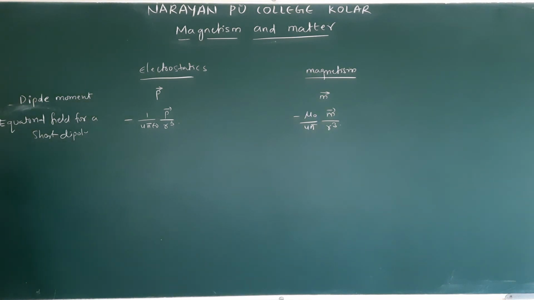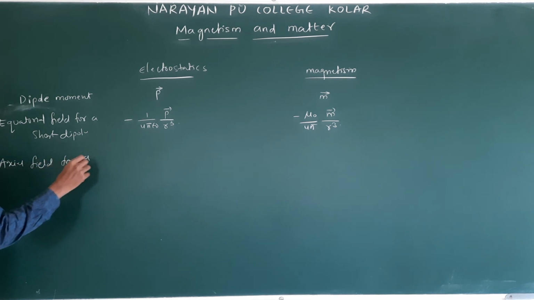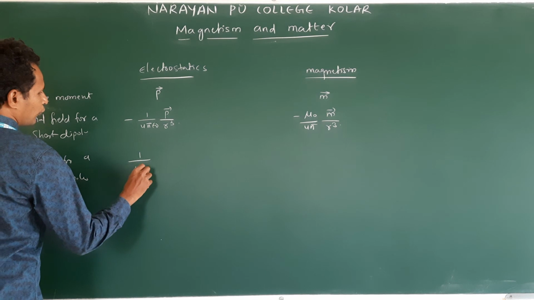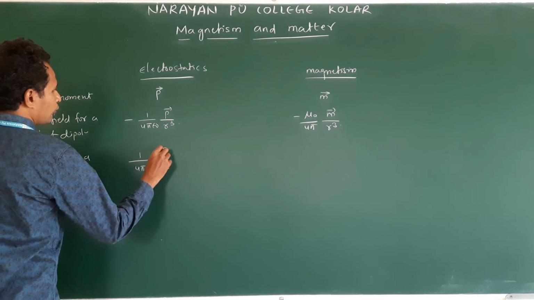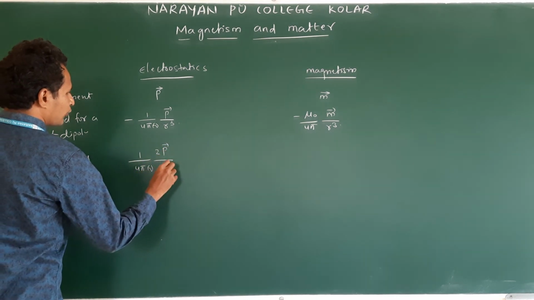Clear? Similarly, the axial field for a short dipole. What is that? 1 by 4 pi epsilon naught, 2p by r cube.